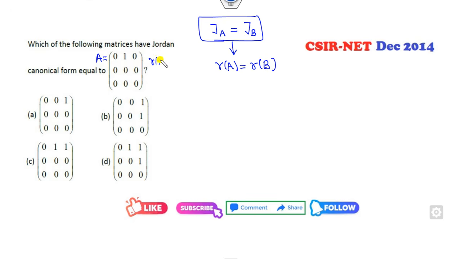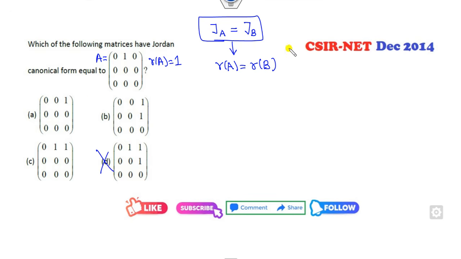What is the rank of this matrix? 1. So this has 1, fine. This has 1, fine. This has 1, this has 2. So this option is cancelled. Because if the Jordan canonical forms are the same, then their ranks must also be the same.